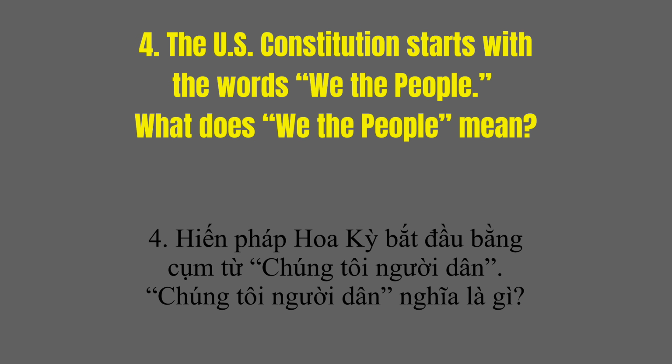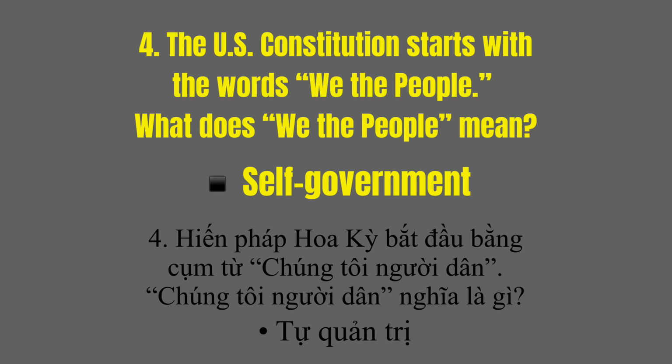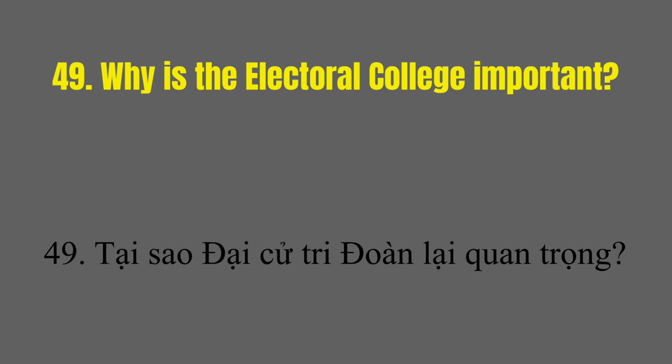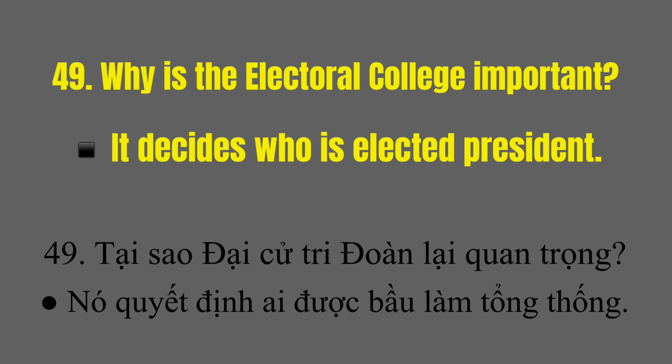The U.S. Constitution starts with the words, "We the people." What does "we the people" mean? Self-government. Why is the Electoral College important? It decides who is elected president.